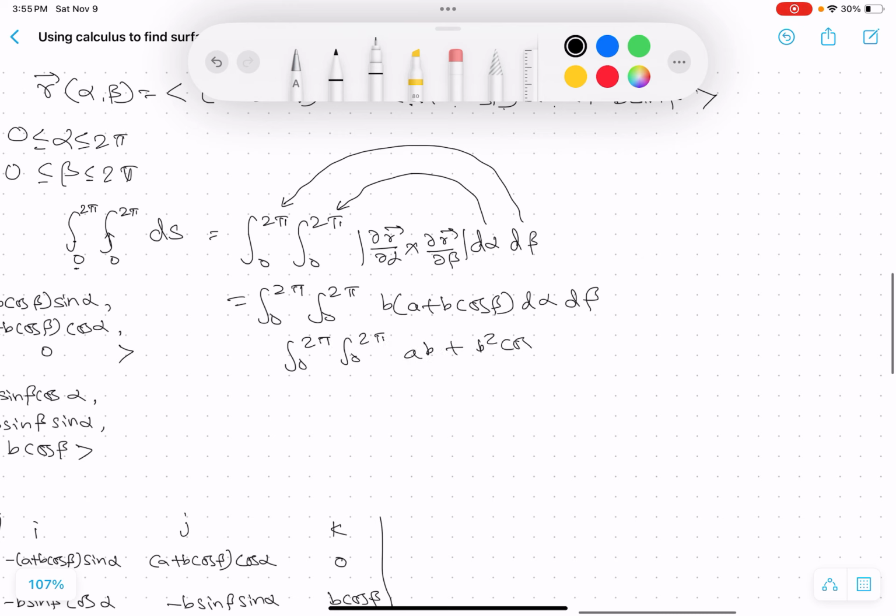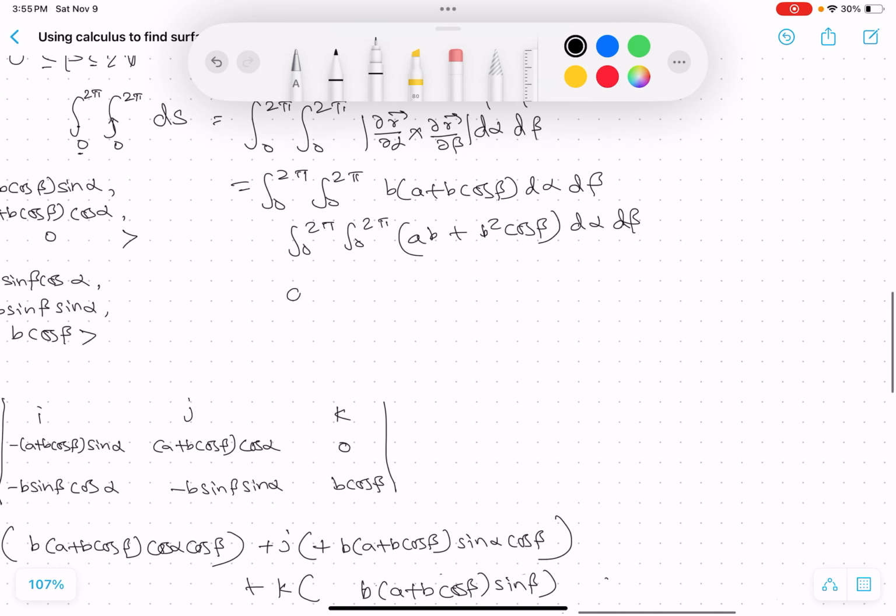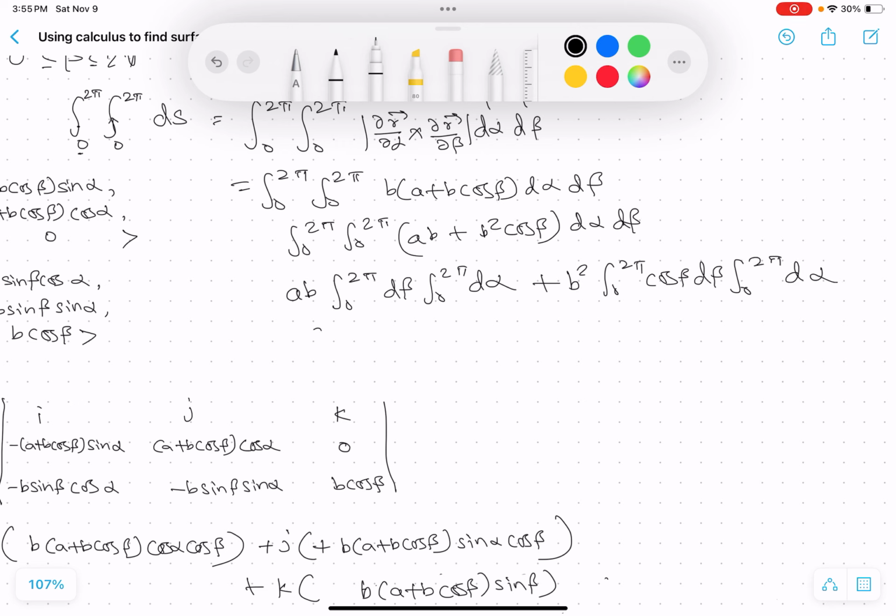Since these are just constants, I can write it as the integral from 0 to 2 pi d beta, and the integral from 0 to 2 pi d alpha. We can just separate the integrals if the numbers are constant and the functions aren't mixed. Again, b square, the integral from 0 to 2 pi of cos beta d beta, times the integral from 0 to 2 pi of just d alpha. And this is ab, this is 2 pi, this is 2 pi plus b square.